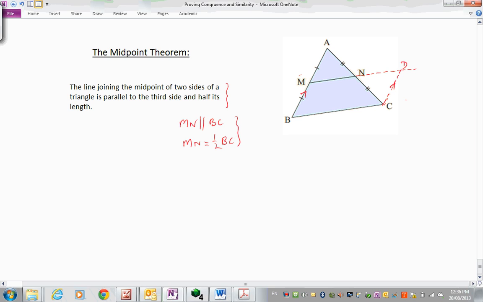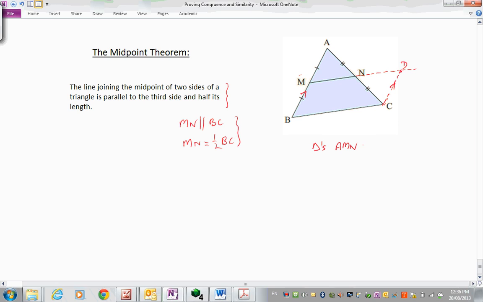Now the interesting thing here is that we can show that triangles AMN is the same as D. Where are we here now? So, we extended CD out, and MN intersected at D.